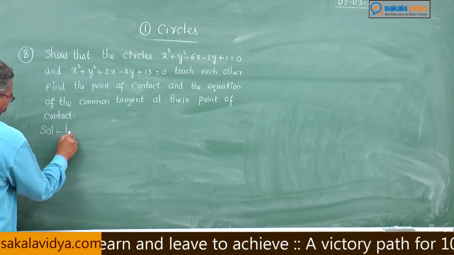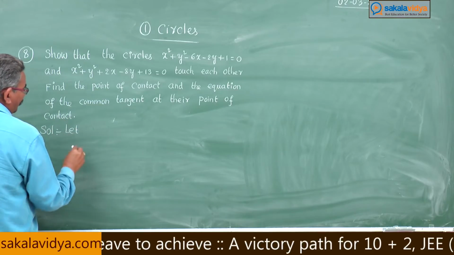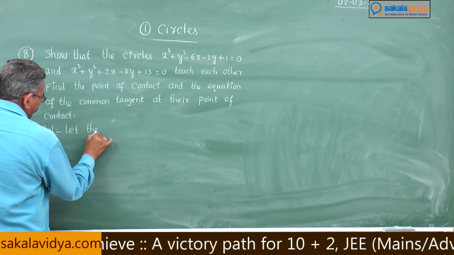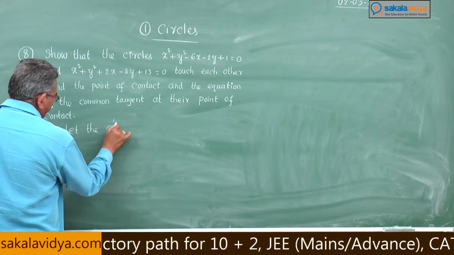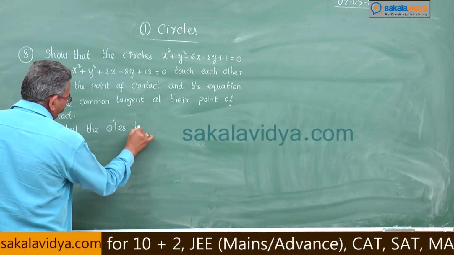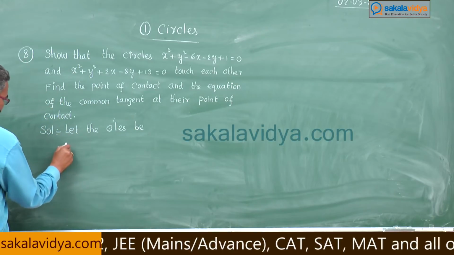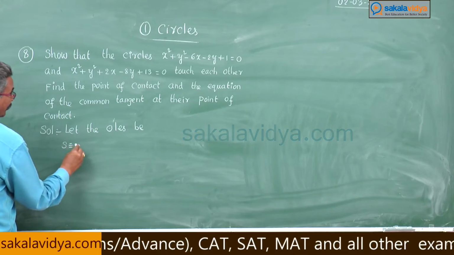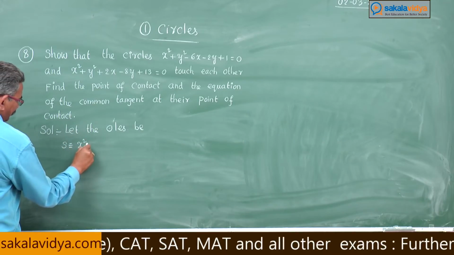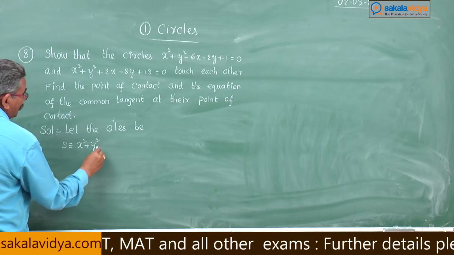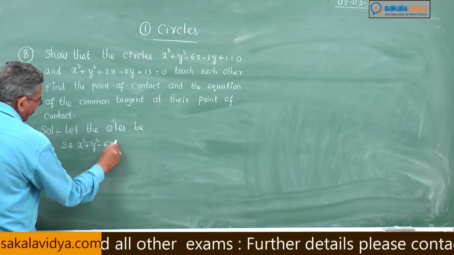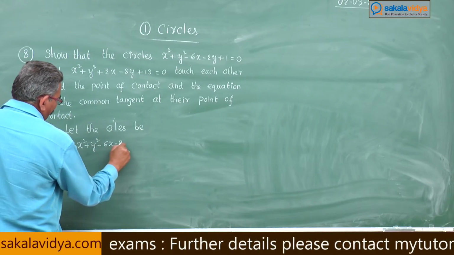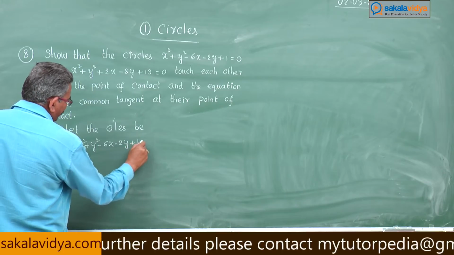Let the given circles be S is equal to x square plus y square minus 6x minus 2y plus 1 equals to 0.